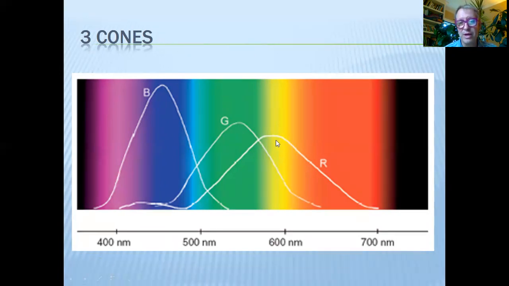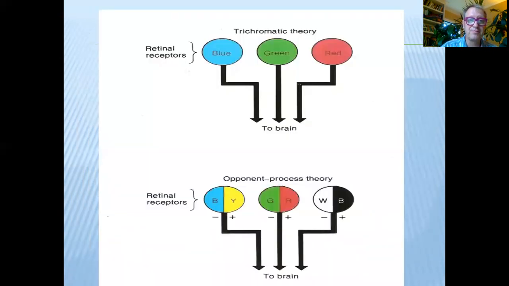And then you also have the red cones, maximally sensitive around yellow, 600 nanometers, but they're the only ones responding around the 700 level. So the trichromatic theory says we have three types of cones maximally sensitive to those three kinds of light, and depending on which cones are firing, we get a mix and blend of colors that we can see.